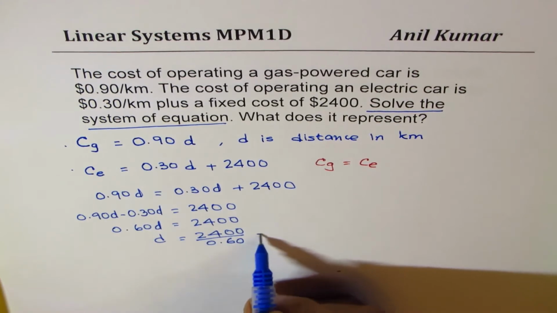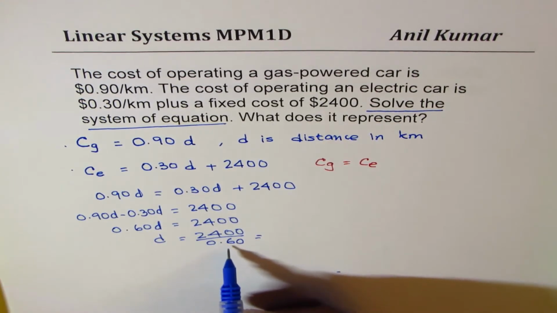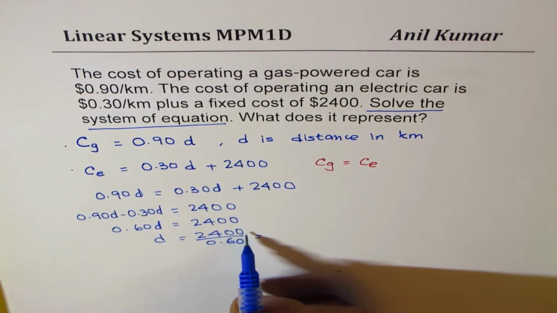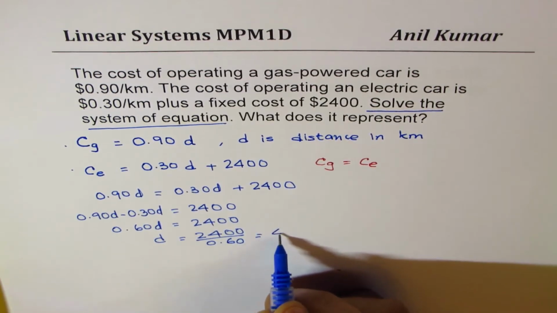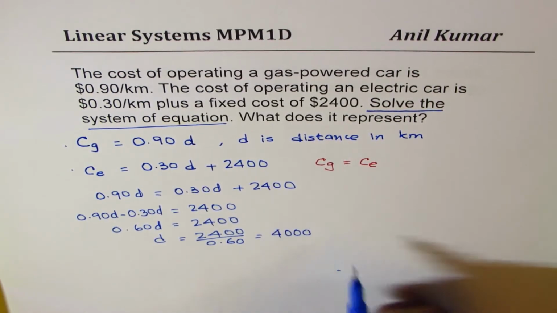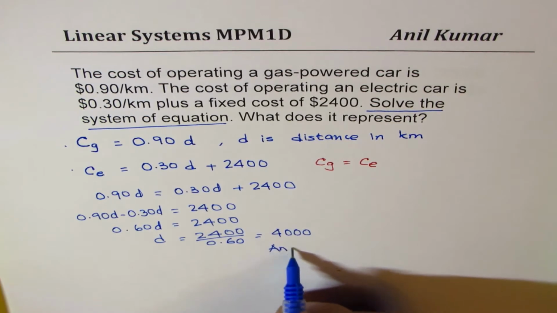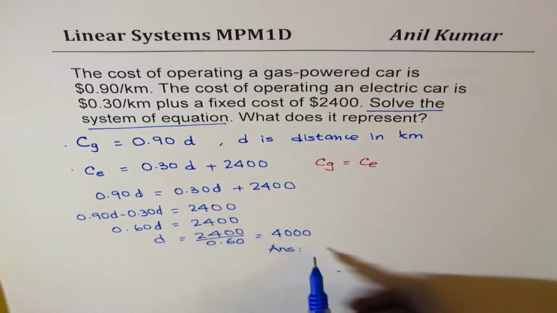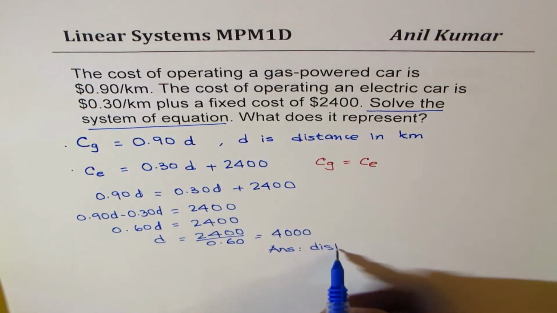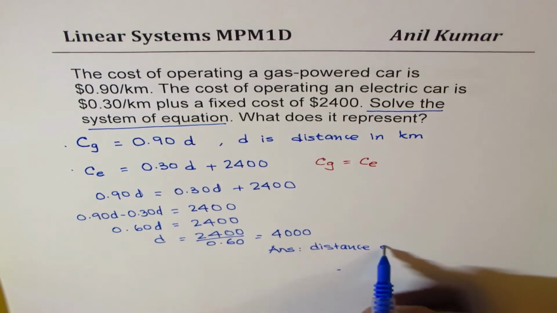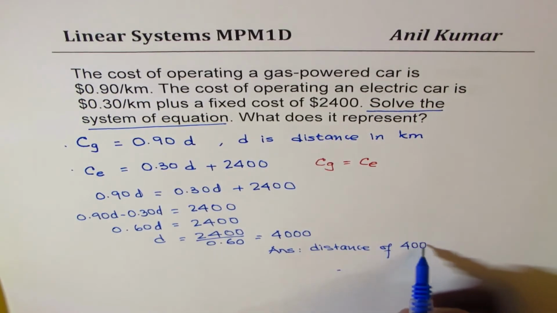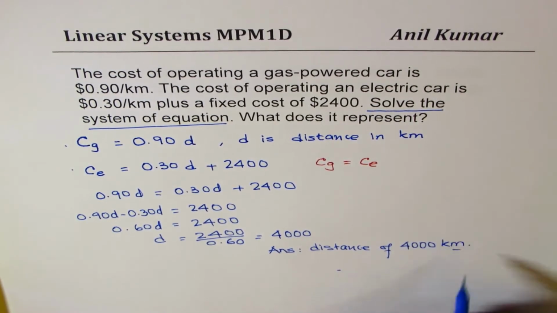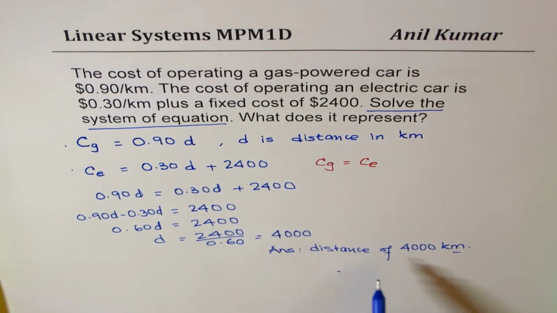So we can use the calculator. 6 times 4, and because it's a decimal, we have to add one more 0, right? So it becomes 4,000, correct? And we can now write down the answer as when they travel a distance of 4,000 kilometers, both the cars will cost you the same, correct?